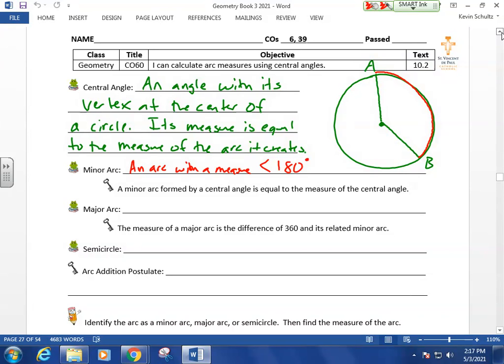A minor arc is an arc with a measure less than 180 degrees. And so if this angle here was 145 degrees, then the measure of arc AB would be 145 degrees as well. Okay? And how you write that would be AB with a little arc over it there, little hat on top, equals 145.